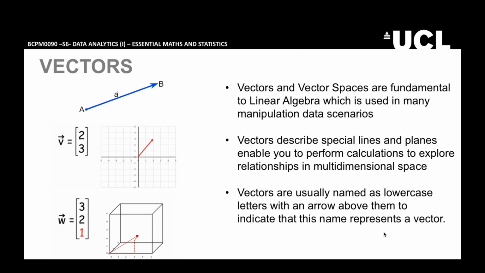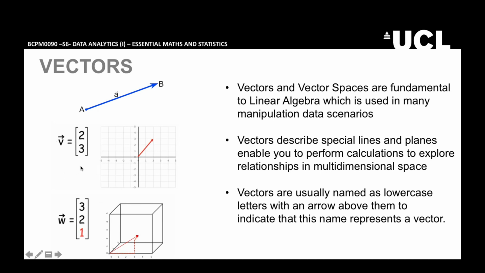Vectors describe spatial lines and planes that enable you to perform calculations to explore the relationships in multidimensional space. Vectors are usually named with a lowercase letter, like for example here, v, with an arrow above it.